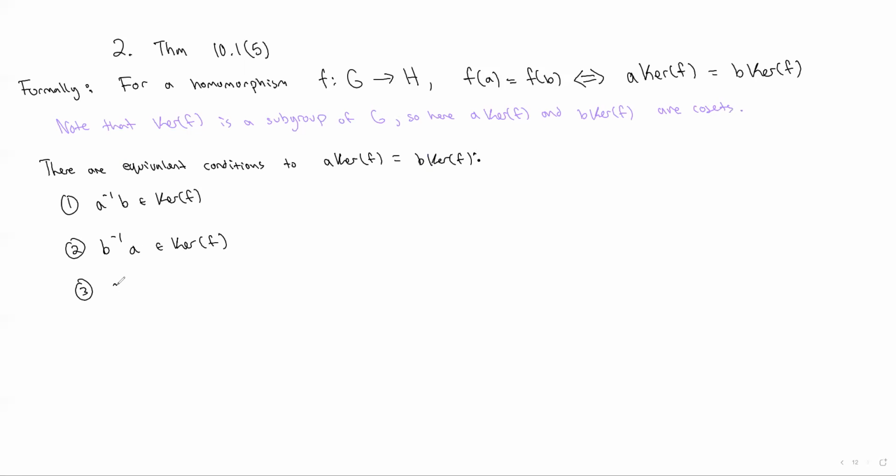Three, A equals BX for some X in the kernel of f. Three is just a silly way of rewriting one or two, because if A equals BX, you can divide by B and you would get that X equals B inverse A. So three and two are really just saying the same thing, but I guess there's a slight conceptual difference, because in three, what I'm kind of saying is A can be the difference between A and B.